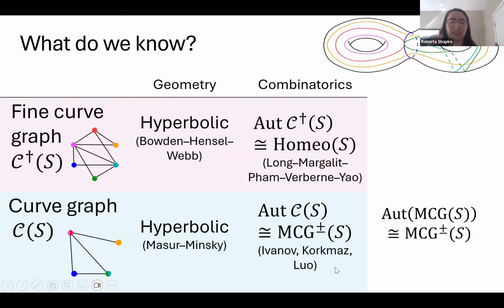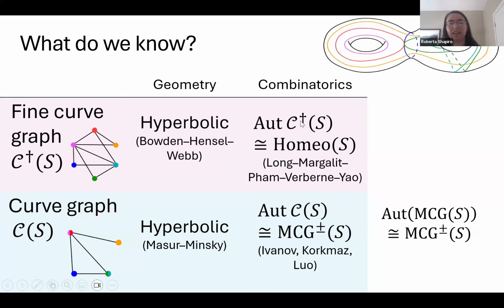And this natural map is actually the action of the extended mapping class group on the curve graph itself. Ivanov used his result here to prove that the automorphisms of the mapping class group are isomorphic to the extended mapping class group, which comes via conjugation.